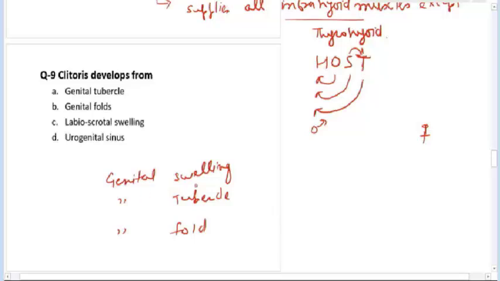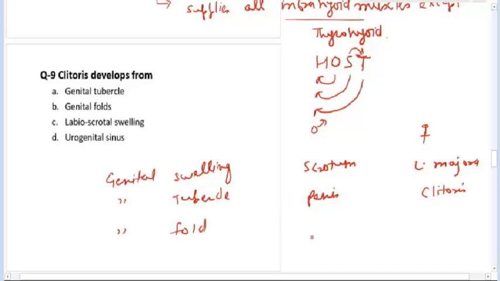In male, genital swelling will form the scrotum; in female, labia majora. Genital tubercle will form the glans or the penis part. Clitoris in female is formed by the genital tubercle.